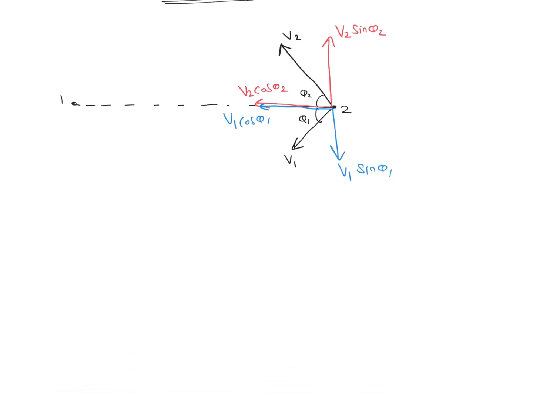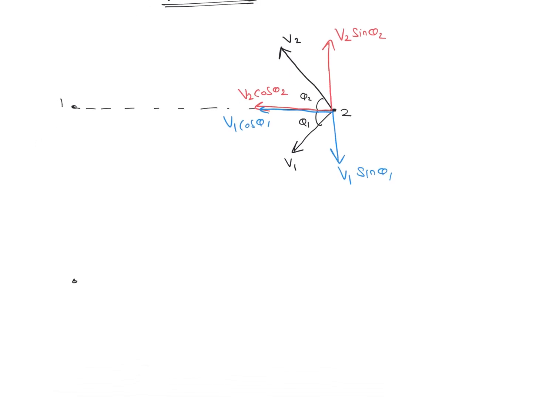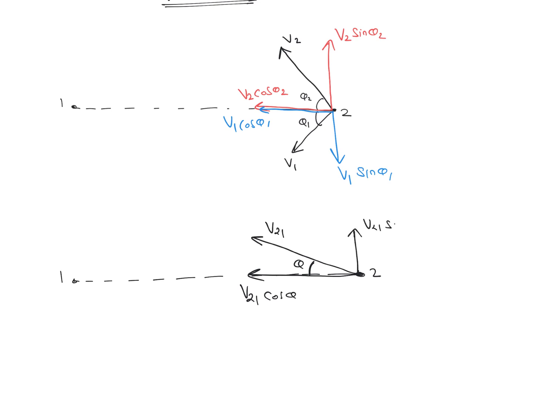So if you are considering the resultant velocity, meaning the velocity of 2 with respect to 1, we got the resultant velocity, let's say along this direction, and that is taken as v21, and we assume that it is making an angle theta with respect to the line joining particle 1 and particle 2. If you are resolving this into its components, component of v21 along this direction, we can take it as v21 cos theta, and component of v21 along this direction, which we can take as v21 sine theta.